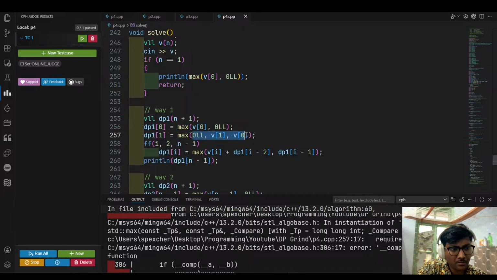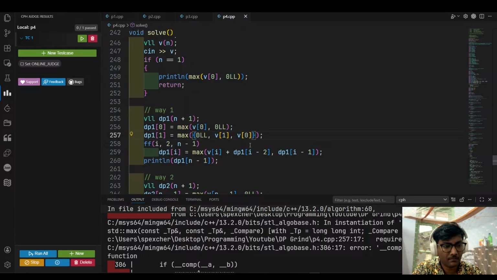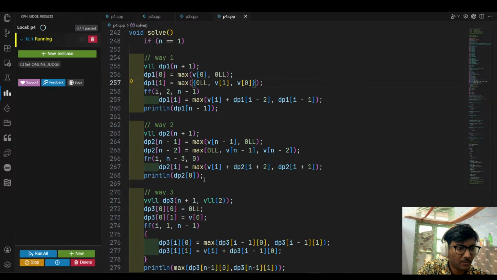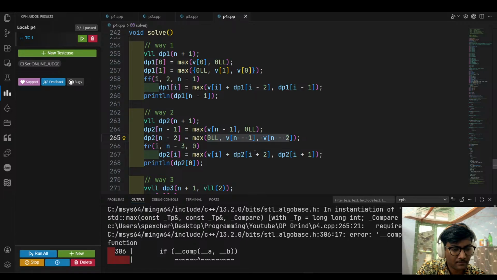Okay, I should do here third bracket so that it can compare three values at least. I don't think it's expecting three arguments directly, is it? That also means that I have a problem here. Yeah.